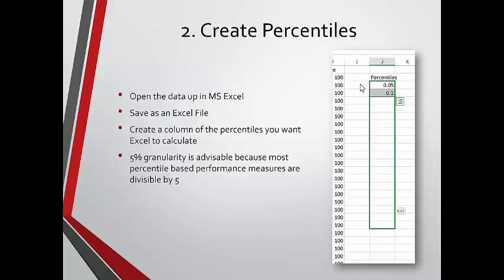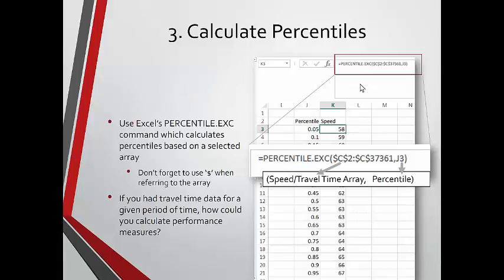So now what you want to do is create your percentiles. You can have a column that states the percentiles. I'll often do it in 5% levels. Then I can use this particular function or command, which will calculate the percentiles based on the selected array, in other words, the actual set of data.